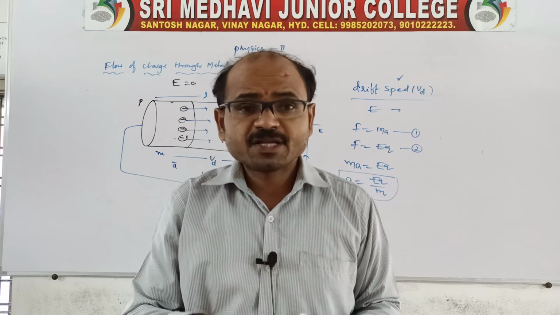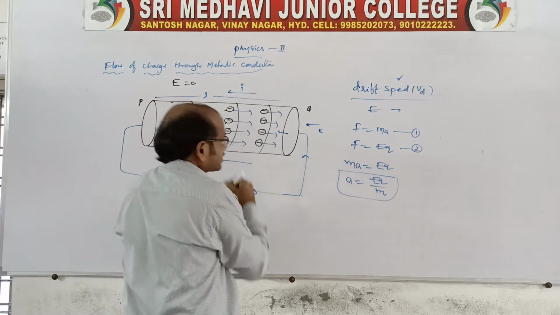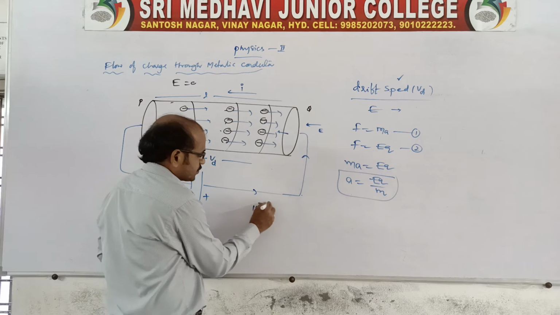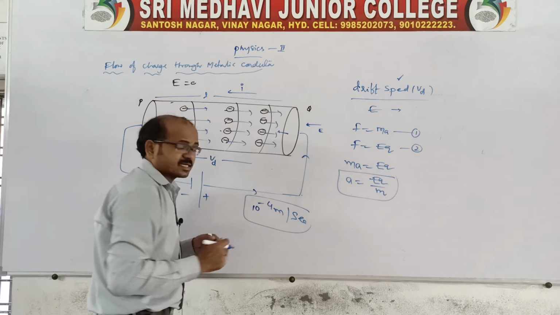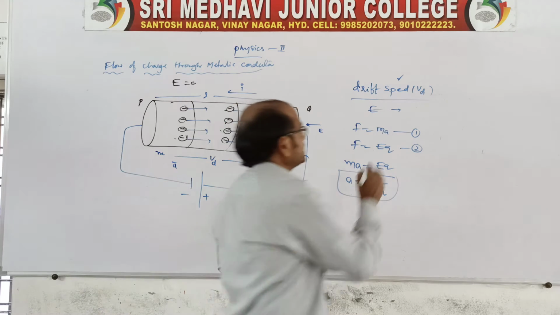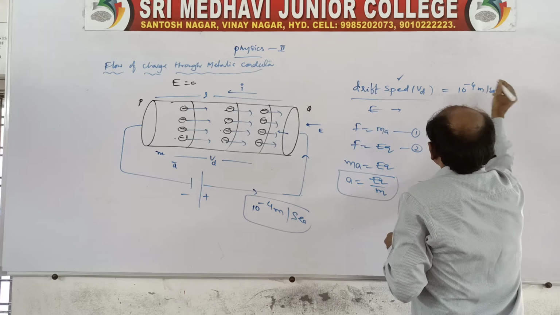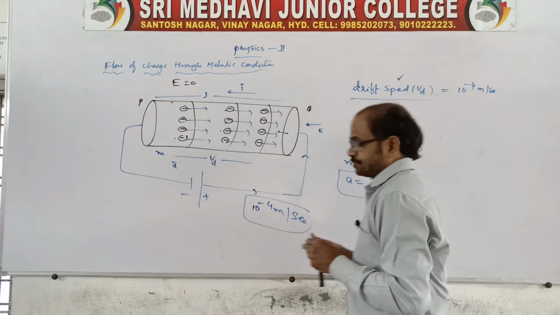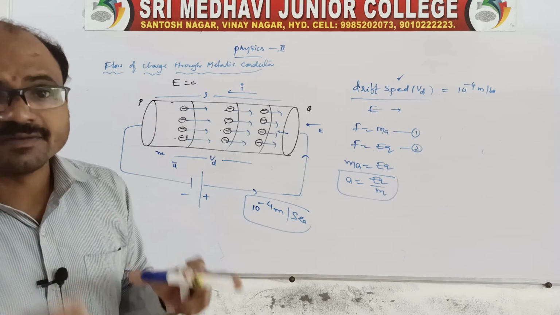The average value is 10 power minus 4 meter per second, which is the average speed of the electrons in a given metallic conductor.